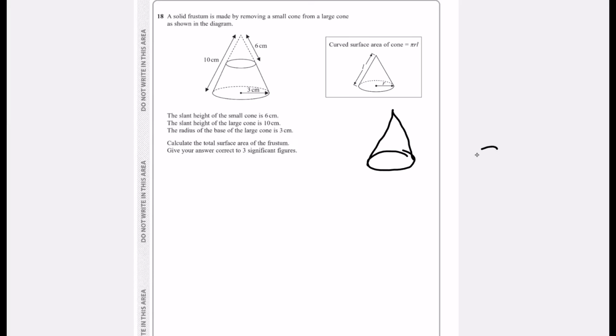So we've got a big and a small cone. So we had 6 and 10. So what is the scale factor? So to go from 10 to 6, we multiply by 6/10, 0.6. And to go back the other way, we'll divide by 0.6.